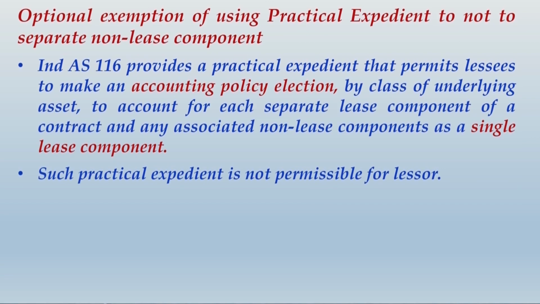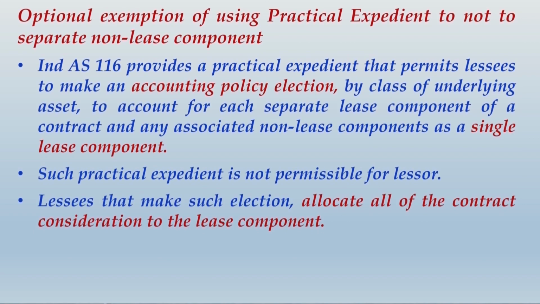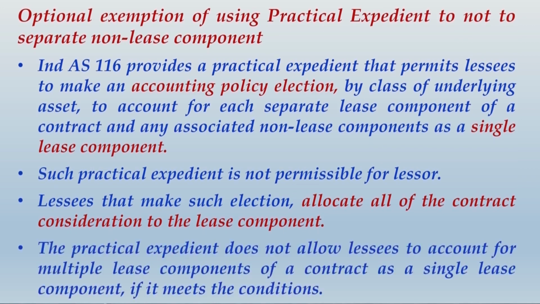Such practical expedient is not permissible for the lessor. Lessees that make such election allocate all of the contract consideration to the lease component. The practical expedient does not allow lessees to account for multiple lease components of a contract as a single lease component if it meets the conditions. So friends, I have already explained these points. Just take note of this quickly.